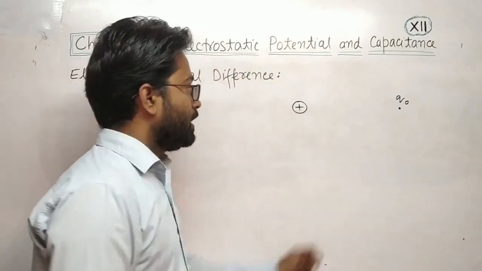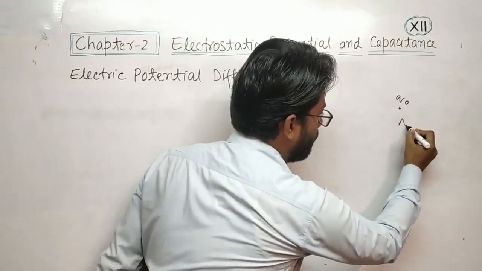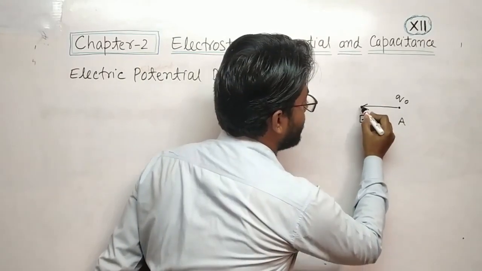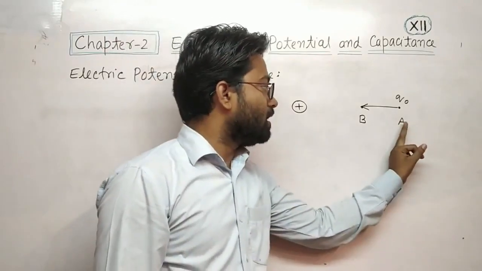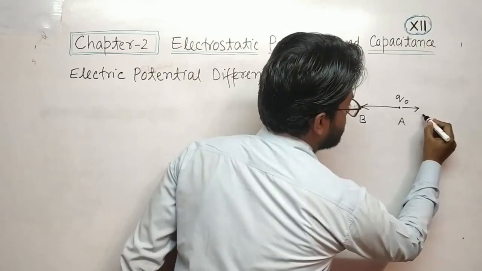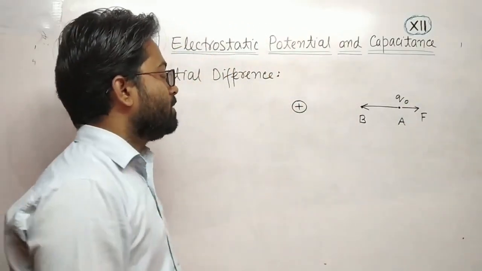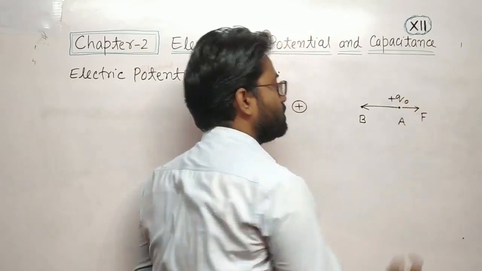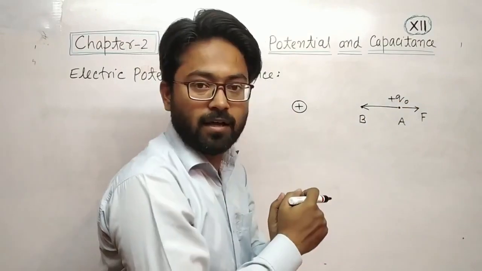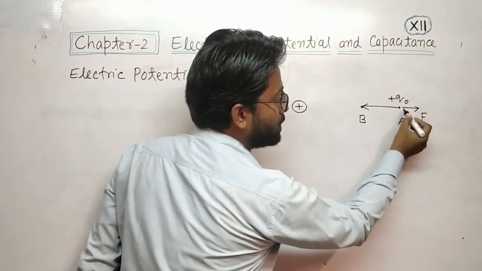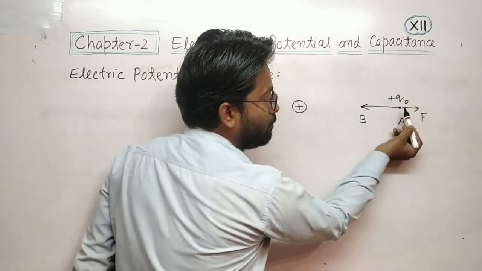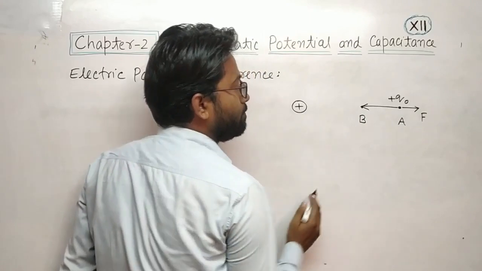If the charge is moving from point A to point B, there will be work done because a repulsive force is acting in this direction, because the test charge is always positive and this charge is also positive. There will be a repulsion, meaning we have to do work on the test charge to take it from point A to B.